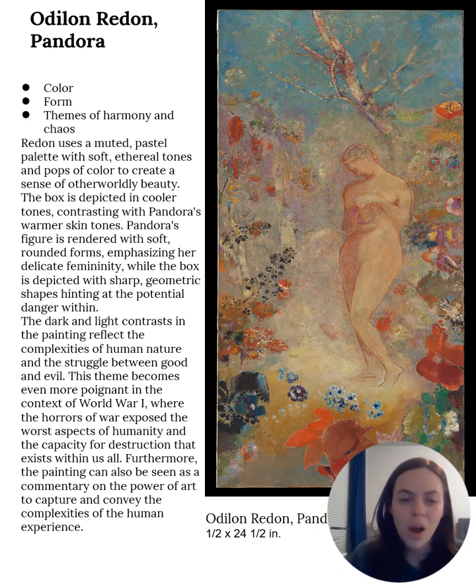The colors pop, and also the figure is so ethereal and beautiful. Her body is painted very softly, but the box itself has these sharp edges, which kind of nods to, there's danger within and to be cautious.